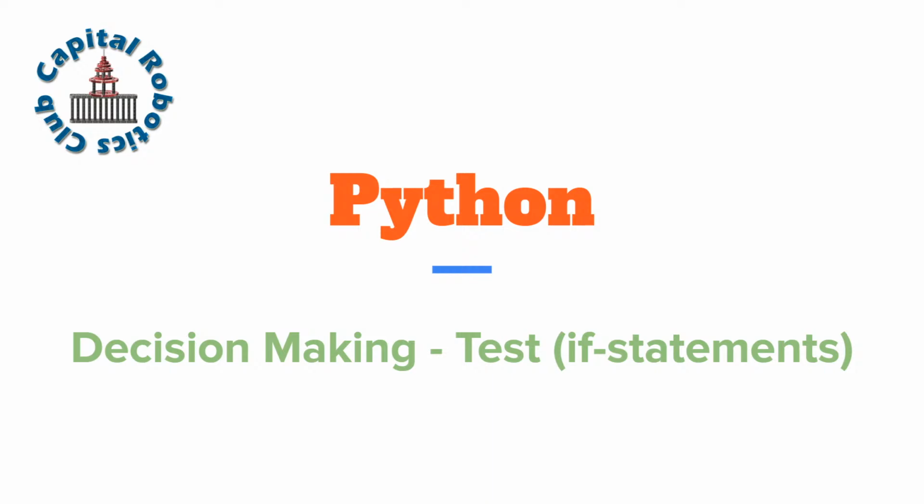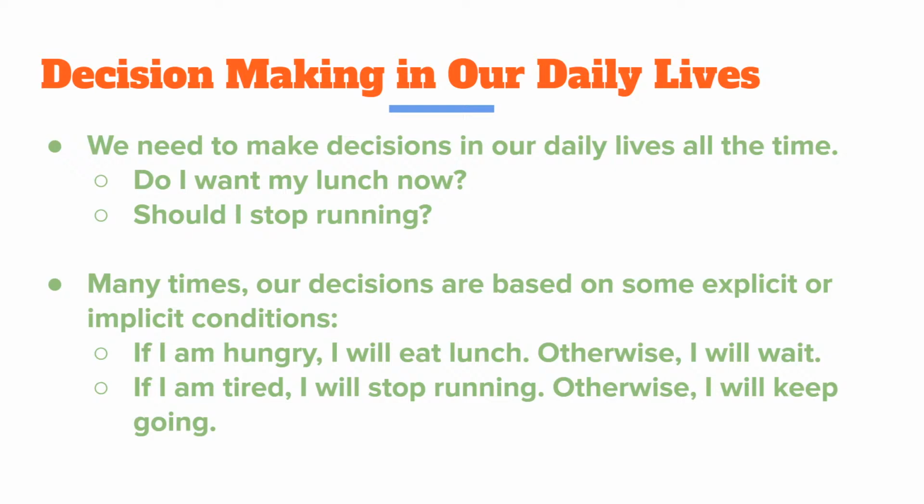As a programmer, the computers need to be able to make decisions based upon the data that you give it, and if statements is probably the best way for you to analyze that data and allow the computer to make a decision on its own. So, we're going to talk about the uses of it. We're going to talk about how to actually use it yourself, and I guess that's going to be our topic for today. So, to start off, we need to think about how decision making works.